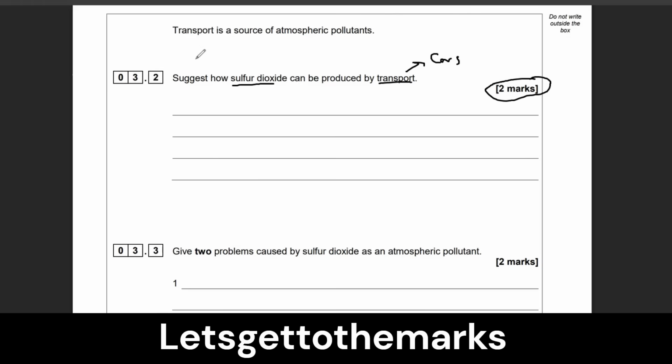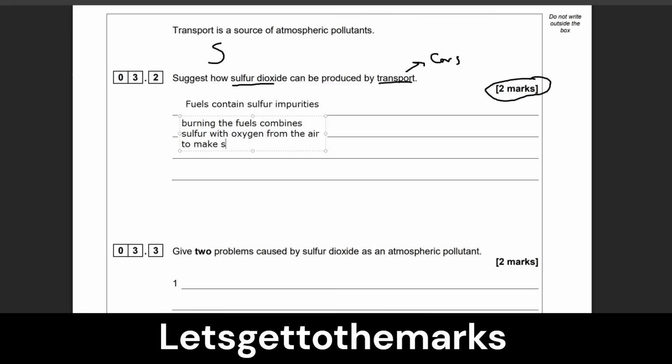Okay, I'm going to go through the answer. Right, fuels contain sulfur impurities. So there is sulfur in fuels. What does that join with? When we burn the fuels, burning the fuels combines sulfur with oxygen from the air to make sulfur dioxide.